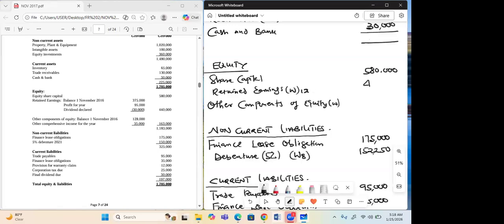Then other components of equity, we got what? 171,000. Yes, sir. 171,000. Okay, so let us sum them to see if we balance.